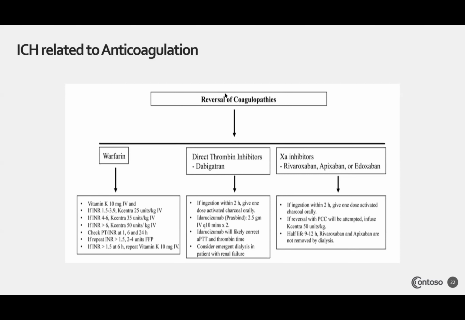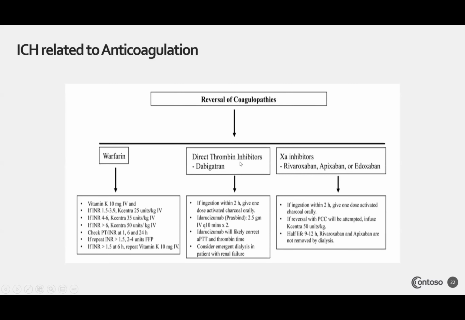So anticoagulation: for warfarin, we will give vitamin K regardless of the level of the INR, because it is a devastating or life-threatening bleed. You can also give prothrombin complex concentrate or fresh frozen plasma, and we will compare both of them later on.